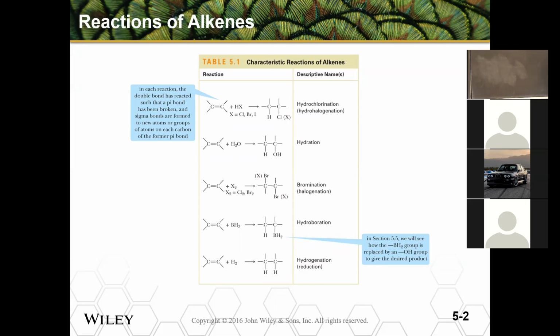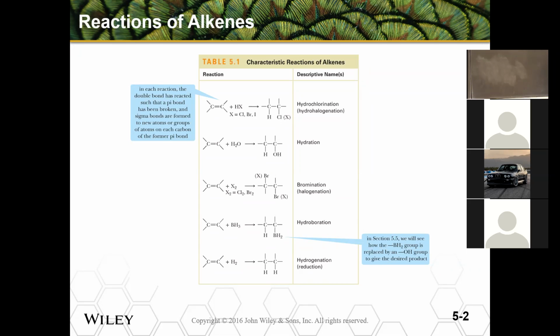Notice the pattern here. We start with a double bond and we react it with something, and notice in the product there's no double bond. We've added 2 groups, one to each side of that double bond, and our product has a single bond.